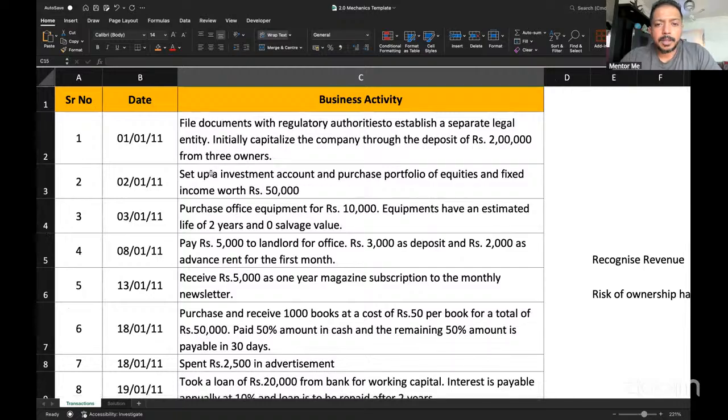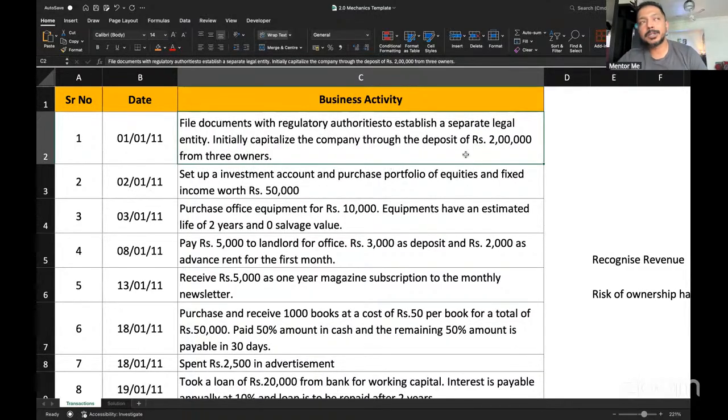There's a person here who has applied for, let's say, an LLP or a private limited company. Initially, all three owners have decided to put in 200,000 as the initial capital. People usually think this means this is the investment. No, not really. The investment can increase later on. This might just be the initial regulatory requirement to start the business. Okay, 200,000, to capitalize the company.